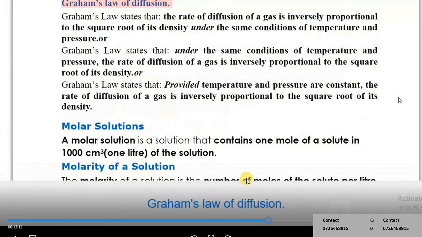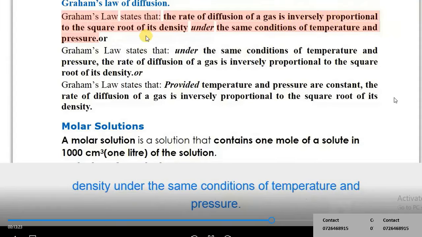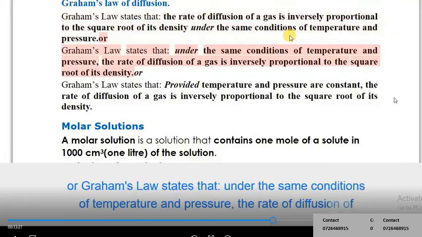Graham's law of diffusion states that the rate of diffusion of a gas is inversely proportional to the square root of its density under the same conditions of temperature and pressure.